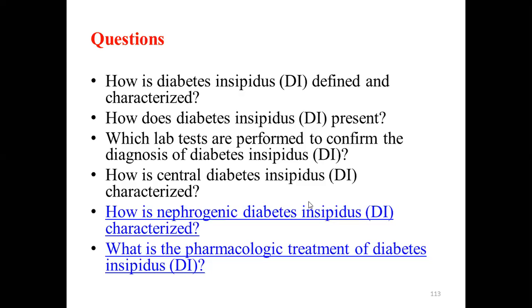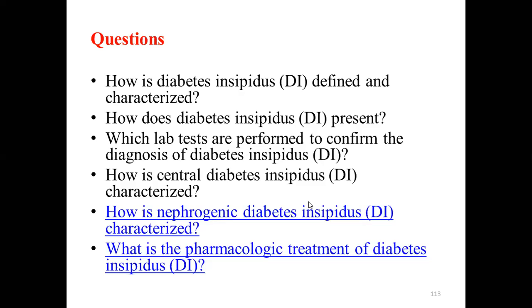So those are some of the causes of nephrogenic DI. Then what about the lab parameters? How do the lab parameters look like? Makina, can you try, or we just proceed?